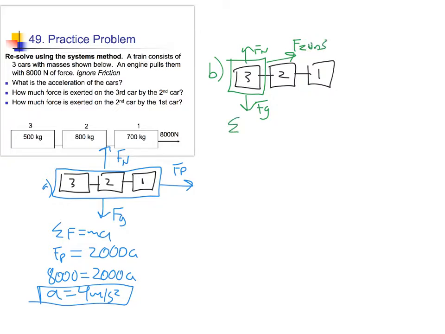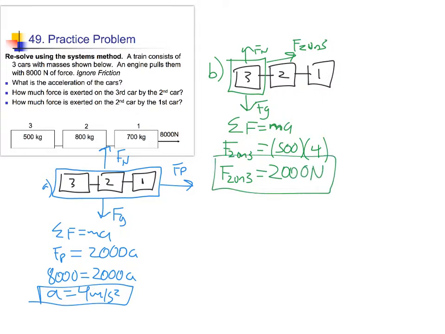So when I do my F equals ma, this is going to be just like the last one, force of 2 on 3 is going to be equal to the mass, and now I'm only considering that 500, so I'm just using the mass of the 500 times my acceleration. And so I'm able to still find the force of 2 on 3.